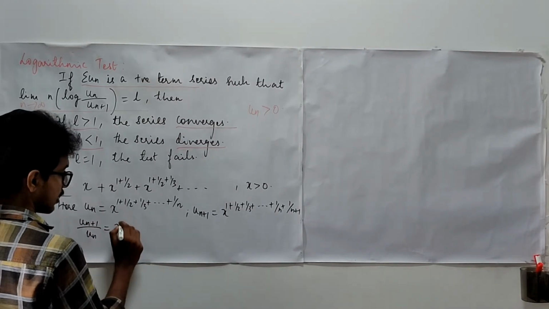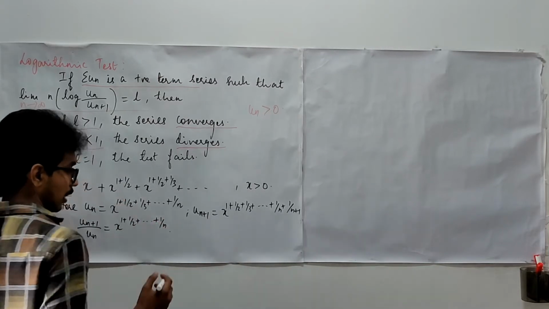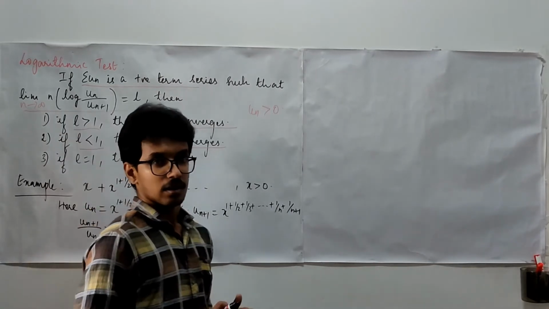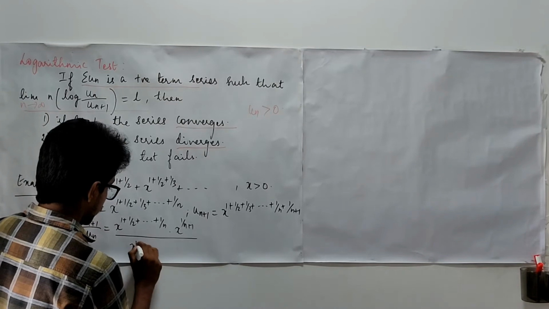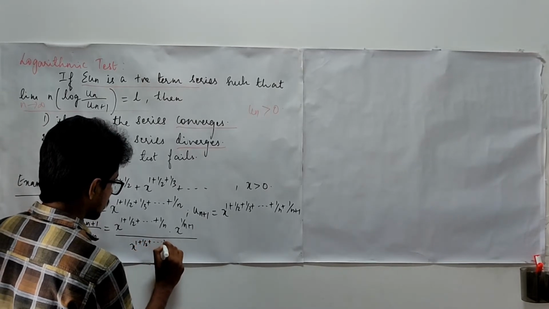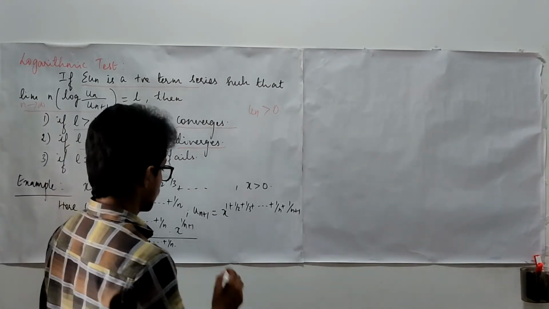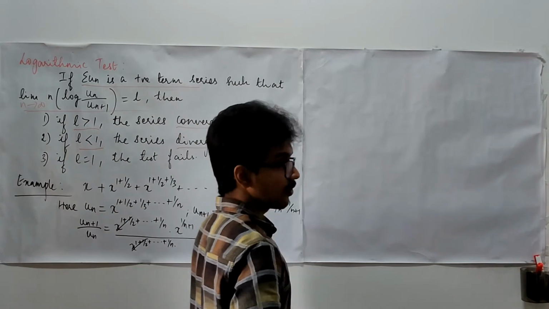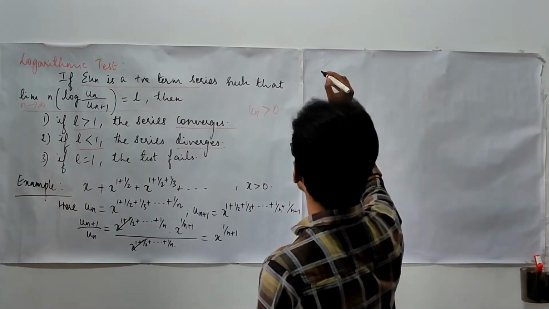This may be written as x power 1 plus 1 upon 2 until 1 upon n plus 1, upon x power 1 plus 1 upon 2, and it goes till 1 upon n. So these terms get cancelled, and we are left with x power 1 upon n plus 1. We have taken x to be some positive quantity, right?